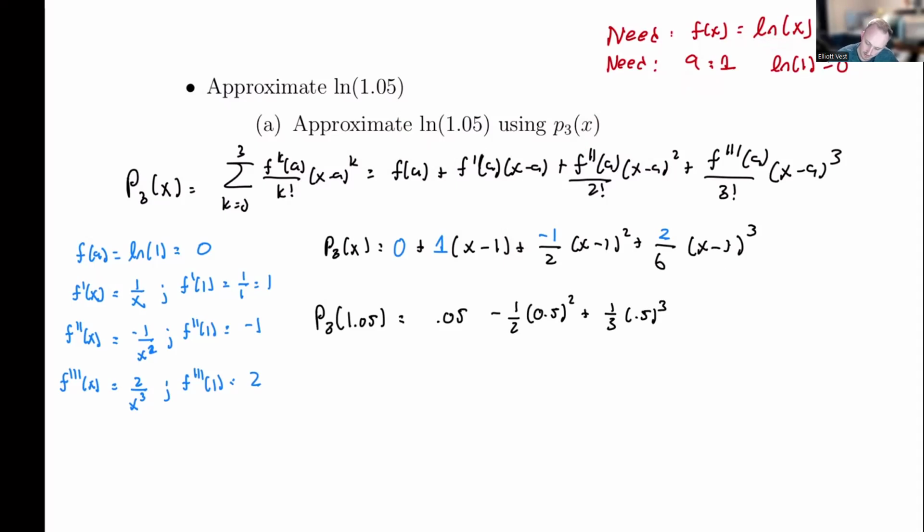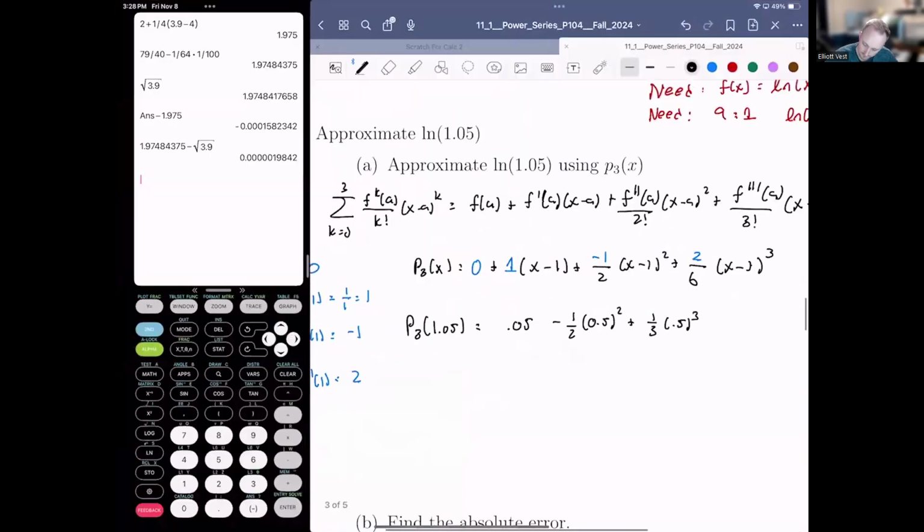So, calculator time. And how about I actually write it down right here? 0.05 minus 1/2 times 0.05 squared plus 1/3 times 0.05 cubed.